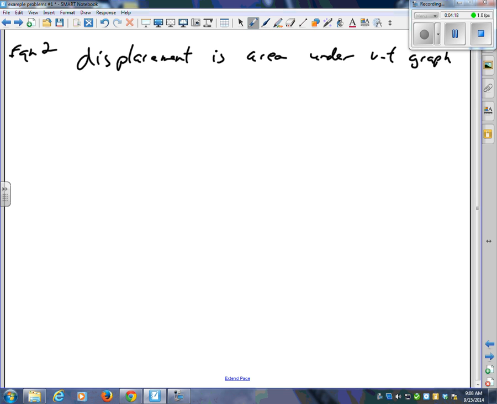Displacement is an area under the v-t graph, such as this one. So we're talking about this area under here, right?